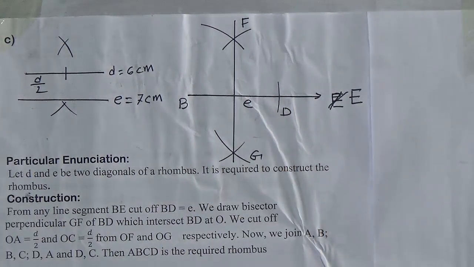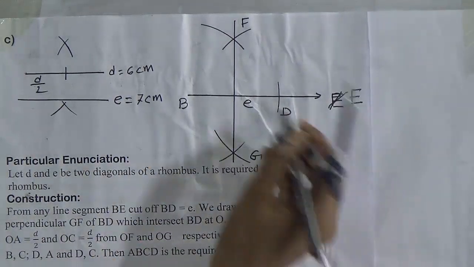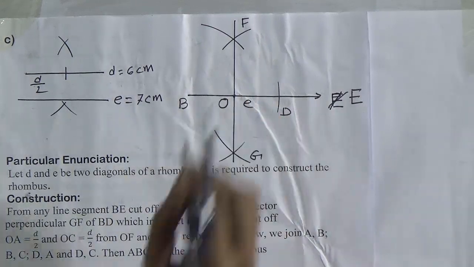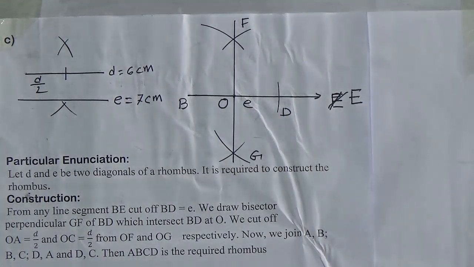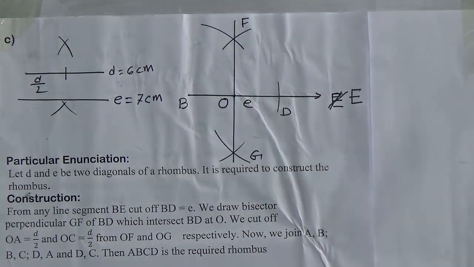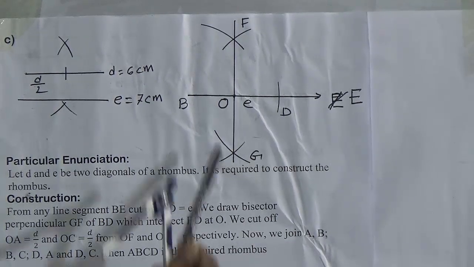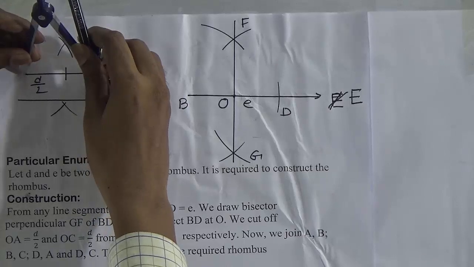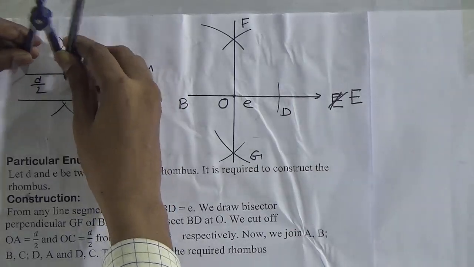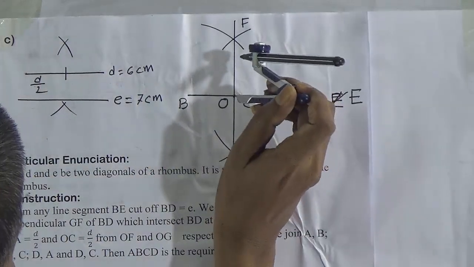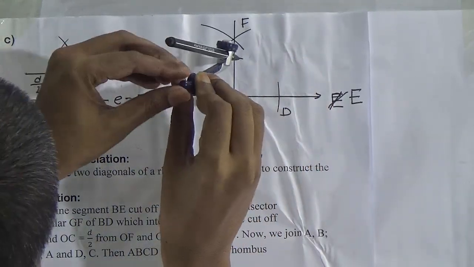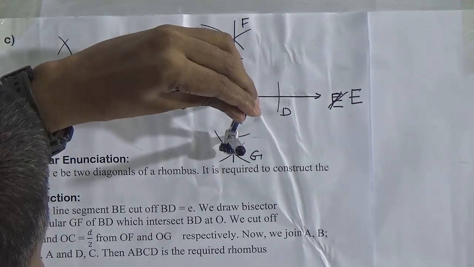You consider this is O. Now from OF and from OG we cut d by 2.